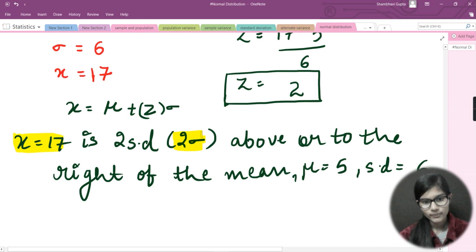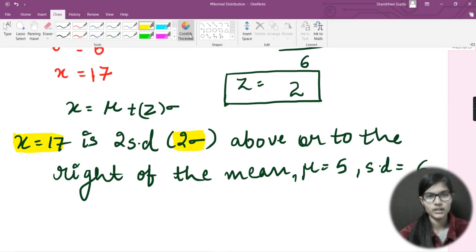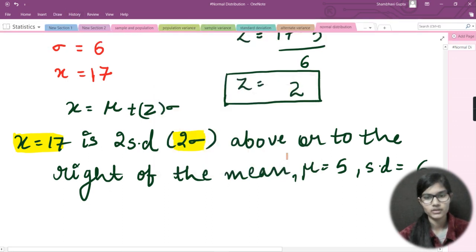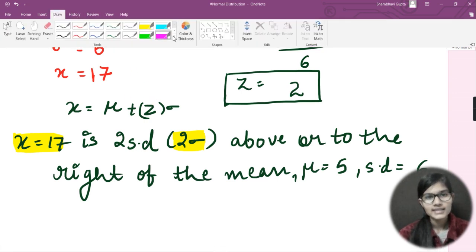See, I got my z score as 2, right? And this is sigma. Sorry, I have just taken the highlighter, and let me quickly change my pen color and take this one. Okay, so here I got the z value as 2, right?